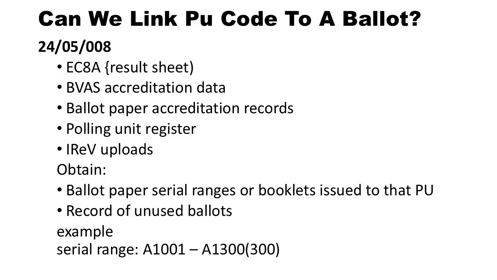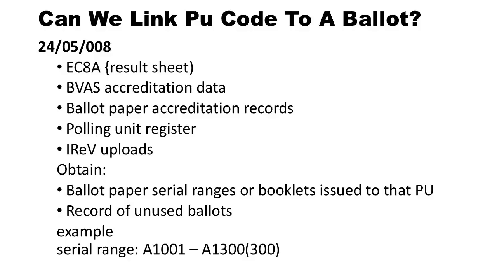We have EC8A, that's the result sheet. We also have ballot paper accreditation records. We have the polling unit register. We have IReV uploads. All these carry the same PU code in a polling unit, and everything must be consistent with each one of these instruments.